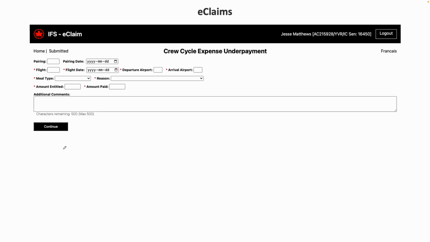The red stars indicate any of the fields that are required to be completed, and you'll notice that there are several, such as pairing number and pairing date, and comments that are not required. I'd still recommend completing them when you know the information, as this assists crew pay with determining the validity of your claim.